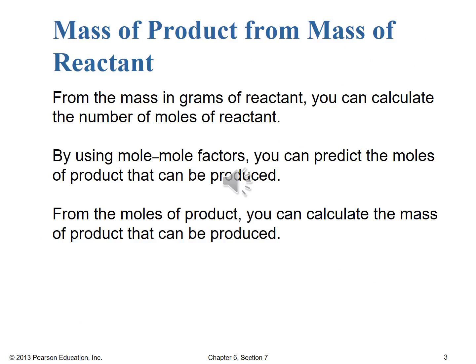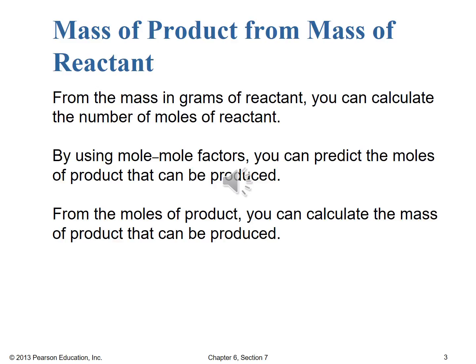The most typical form of the equation set that we'll be working with involves mass of product from mass of reactant. So based on a number of grams of a given reactant, we can calculate the moles of that reactant using the molar mass. The molar mass can be given if I'm nice, or more typically you have to solve for it based on the formula.